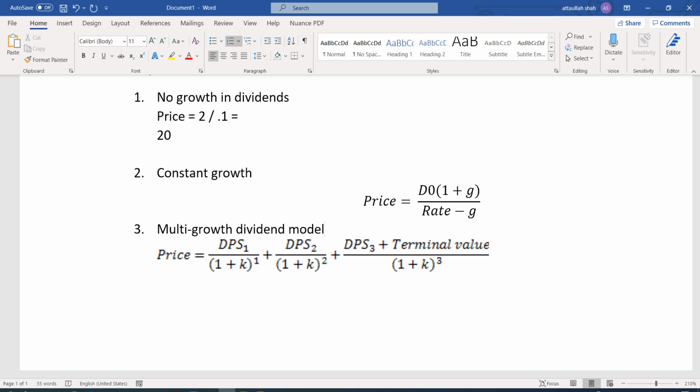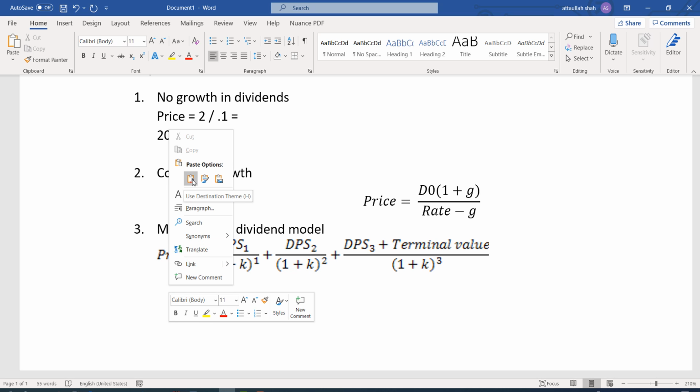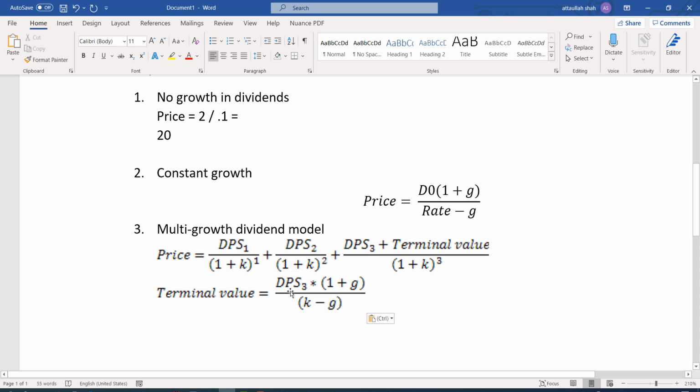So how do we find the terminal value? Let's say the company faces a constant growth model. Then we will put the constant growth model for the terminal value. If the company faces no growth, then we will put the no growth value as the terminal value.